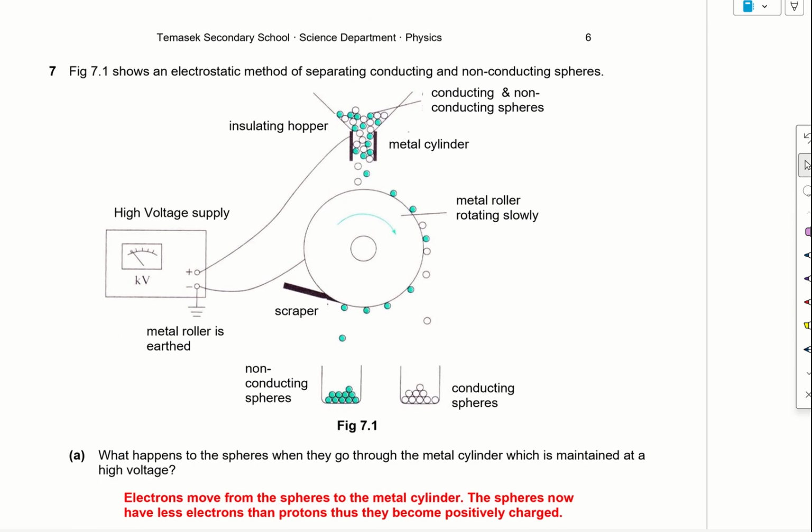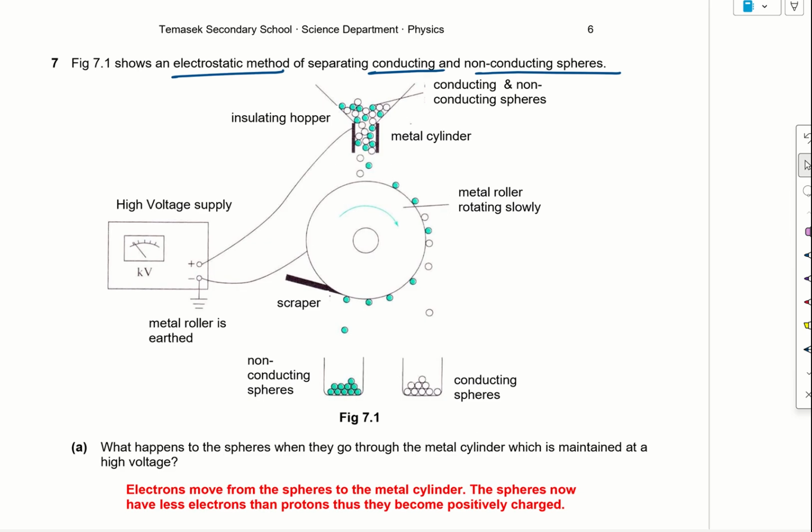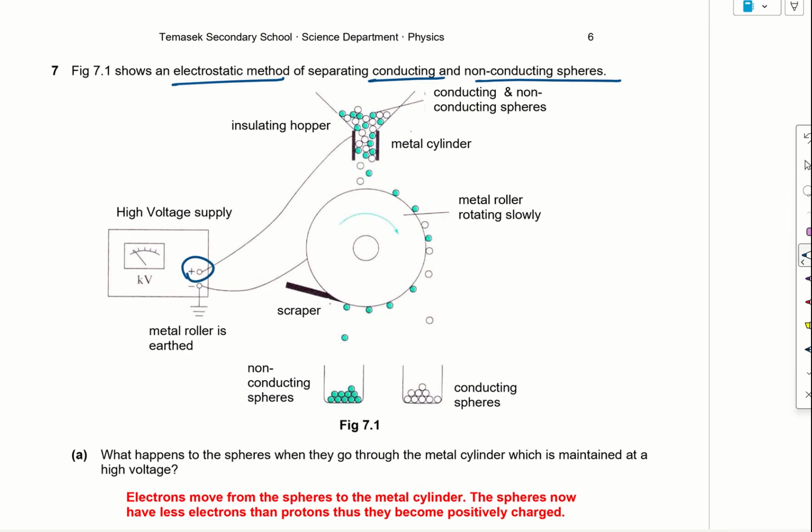Okay, question 7. It shows an electrostatic method of separating conducting and non-conducting spheres. Conducting spheres just means that electrons can move freely, and non-conducting spheres just means that the electrons cannot move freely. It is connected to the positive terminal, so once they are in contact, electrons will be transferred. This is the non-conducting sphere, it is blue in color.